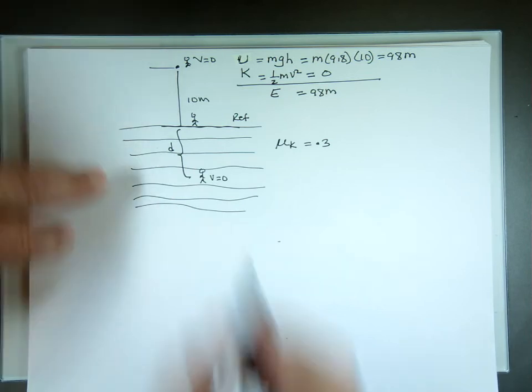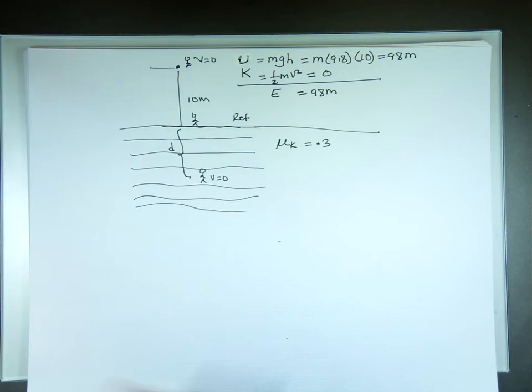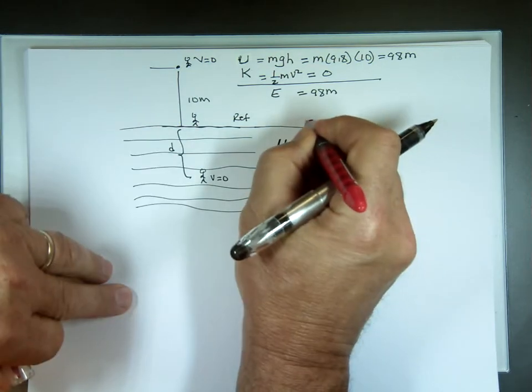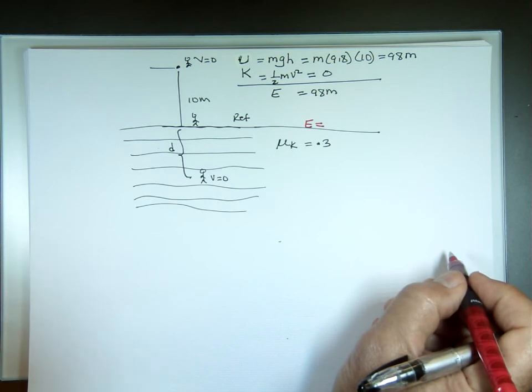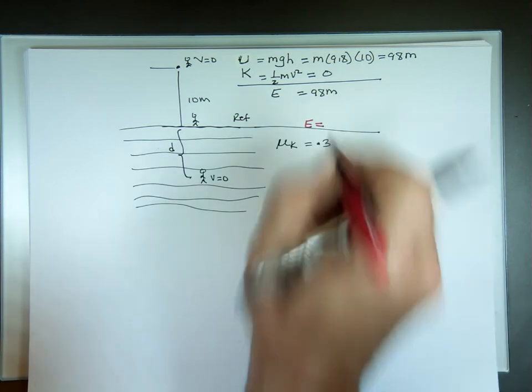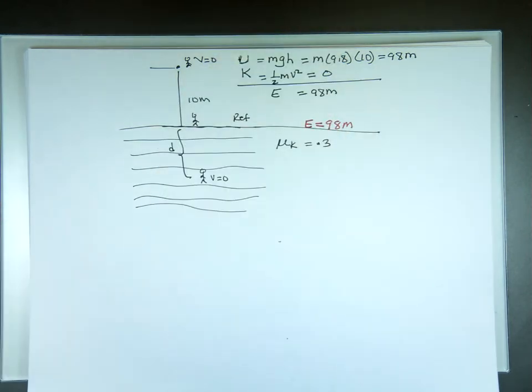Right before I enter the water, if I neglect the wind, what is my total energy right before I enter the water here? 98 m. Same as the top. Anywhere from here to there is the same thing.